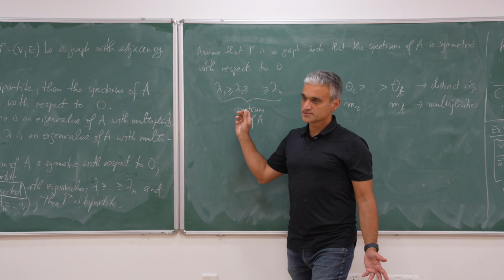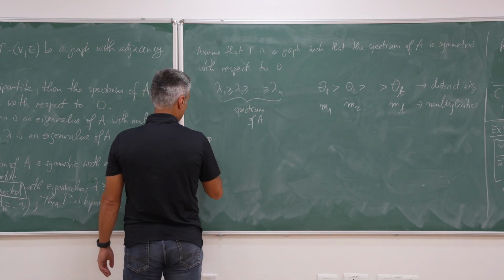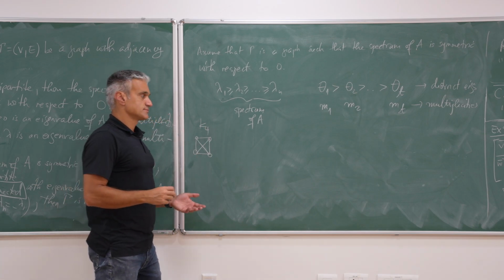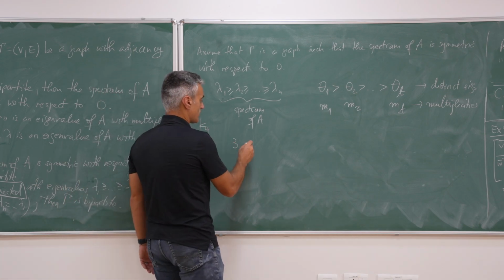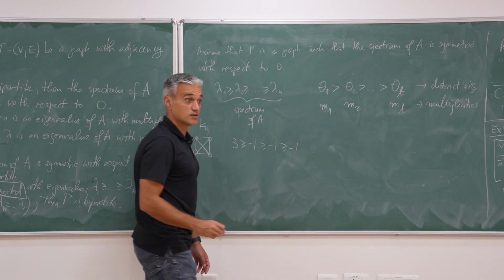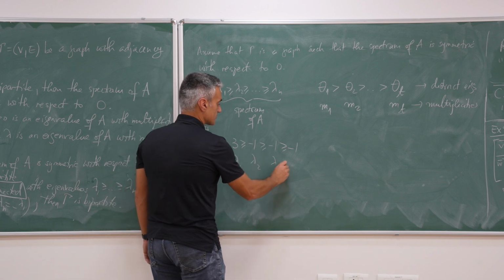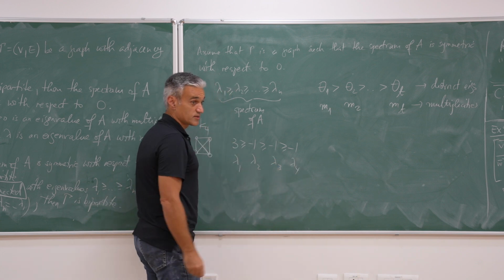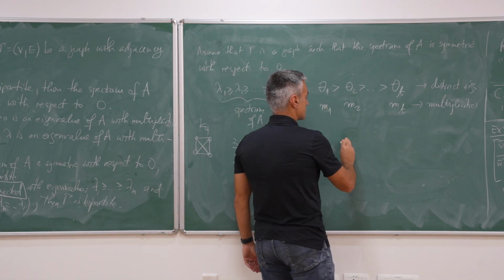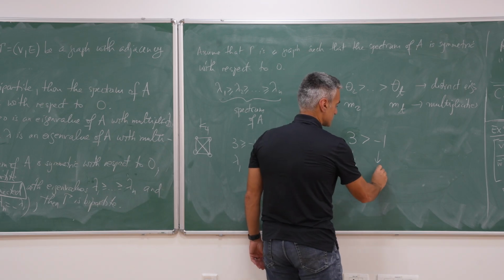Let me give you an example. If I have the complete graph K4, then you will have 3 greater or equal to -1, greater or equal to -1, greater or equal to -1. So this is lambda 1, lambda 2, lambda 3, lambda 4, and the last three are all equal. If I use the other notation, it's more condensed: you have 3 bigger than -1, with multiplicity 1 and multiplicity 3.